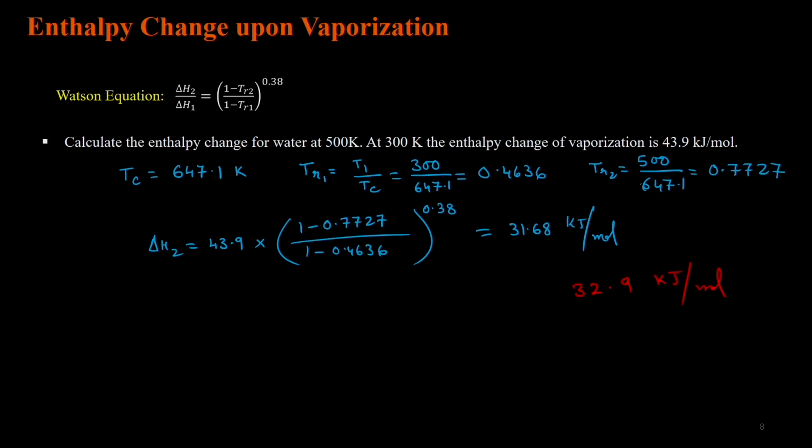Before we do that, let me quickly talk about entropy change upon vaporization. If we take this example here, delta H2 is 31.68 kilojoules per mole.